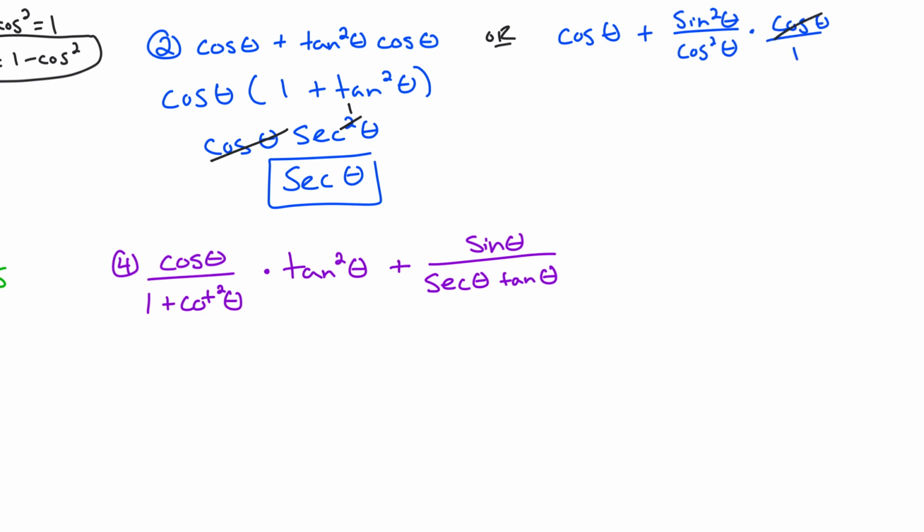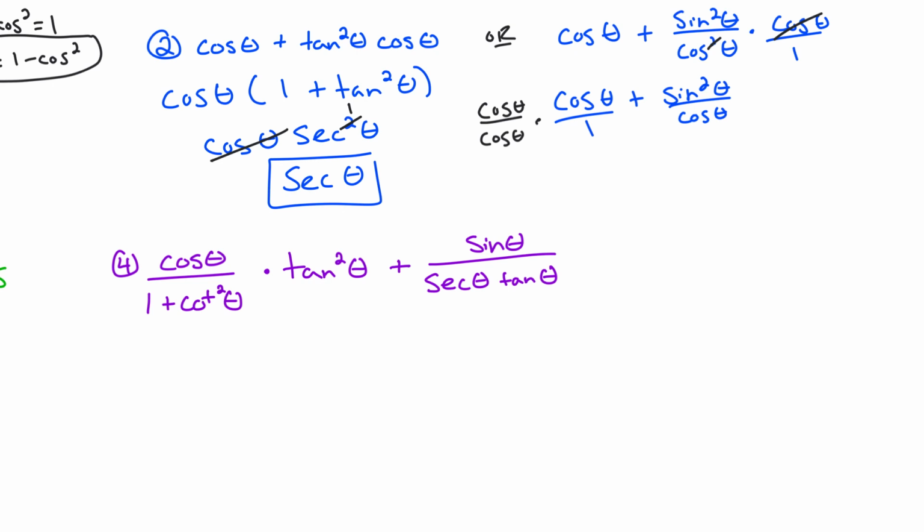This cosine would eliminate with the second power, leaving you with cosine of theta plus sine squared of theta over cosine of theta. In order to combine those 2 together, you'd have to have the same denominator. So I'd multiply the first one by cosine over cosine.